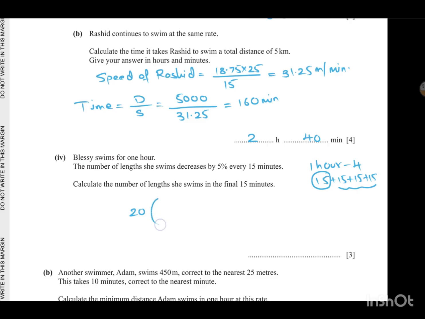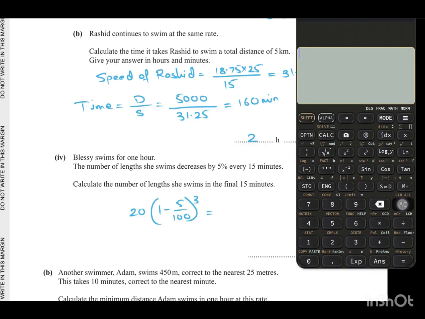So you will have to take the depreciation formula here, 1 minus 5 by 100 whole raised to 3. You cannot take 4 because the first 15 minutes it will be the actual same number 20. So the answer will be 20, open the bracket, 1 minus 5 by 100, close the bracket, raised to 3.